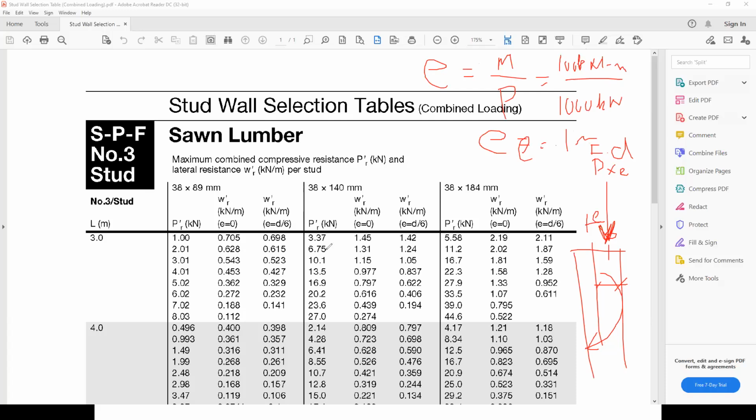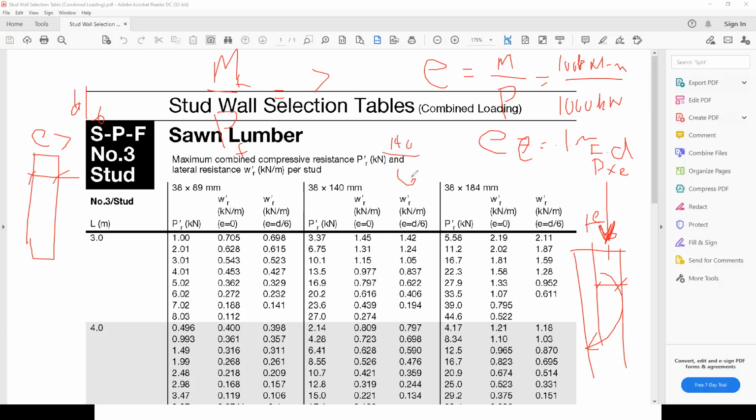So what they're saying here is that if you happen to have a stud wall, and if your E is greater than D over 6, where this is D divided by 6, because this is what they call the middle third. In other words, if I have M divided by P, this is MF divided by PF, and this value is greater than, like, what's 140 divided by 6?